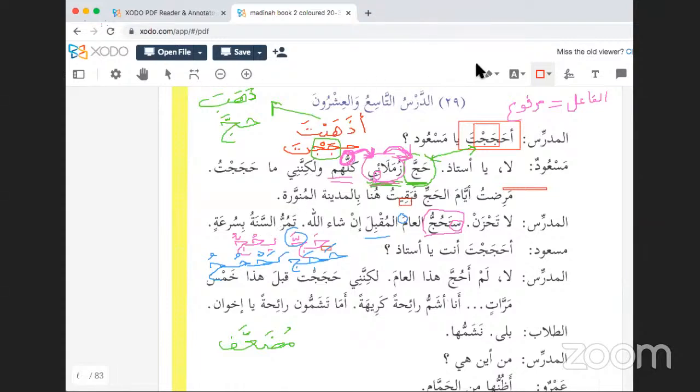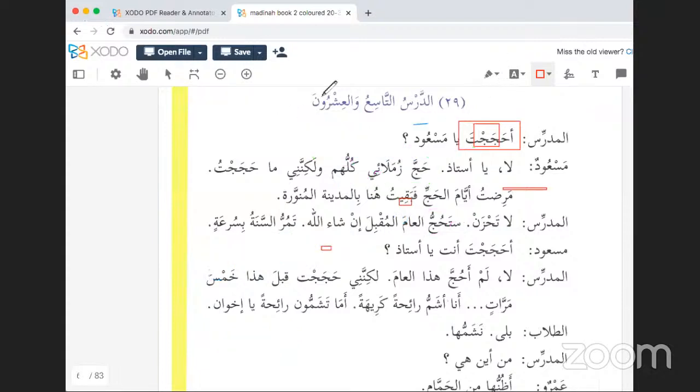Why this language? Because marra yamurru.